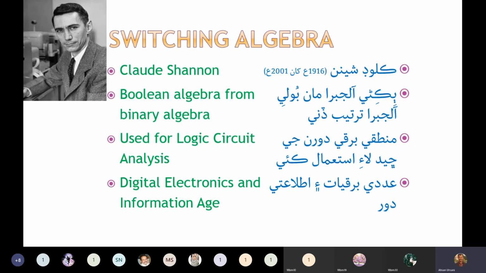Digital electronics works on the concepts of switching algebra, which were given by Mr. Claude Shannon, and that resulted in the information age. The computer that you use today and the internet that you use today are a result of switching algebra.